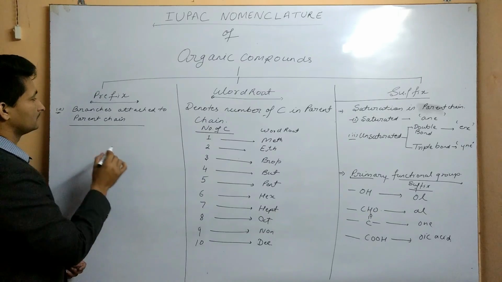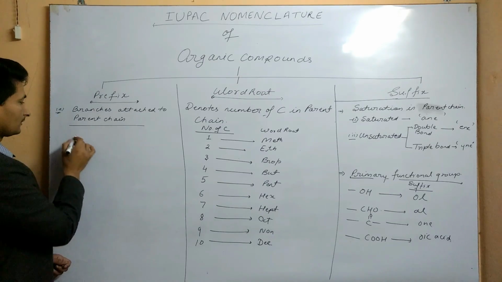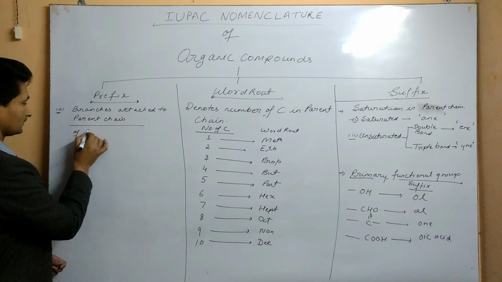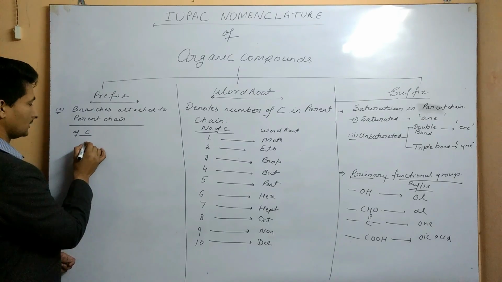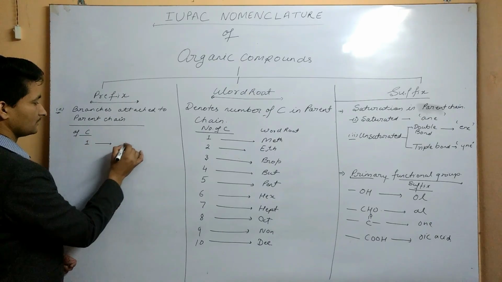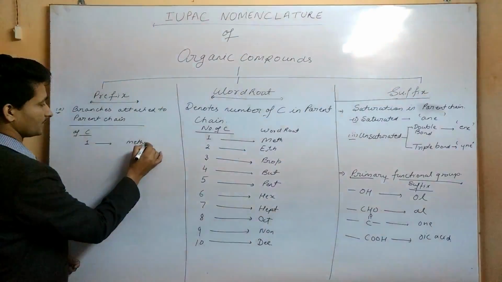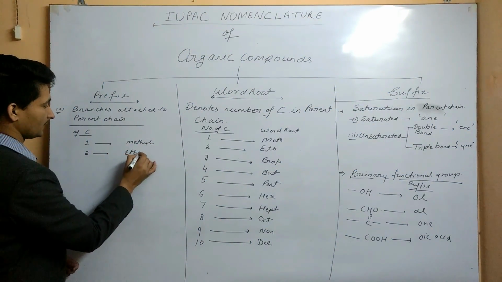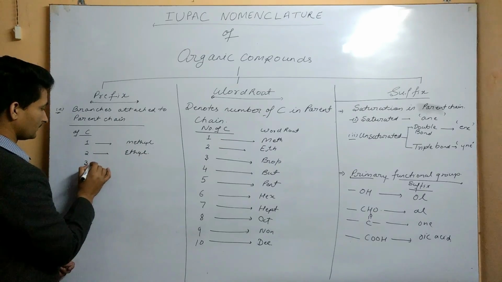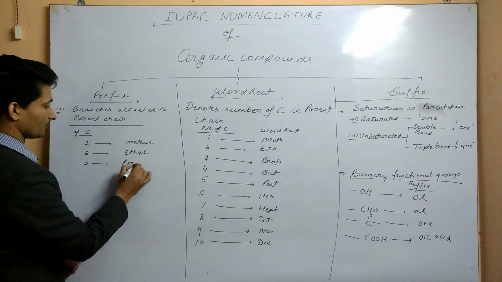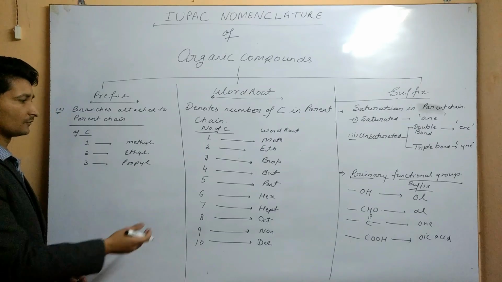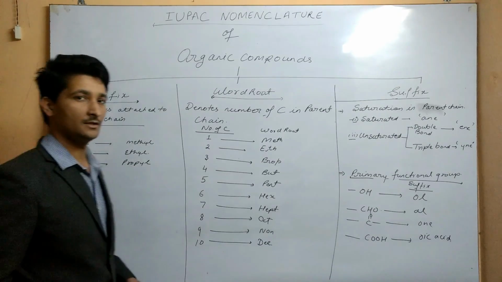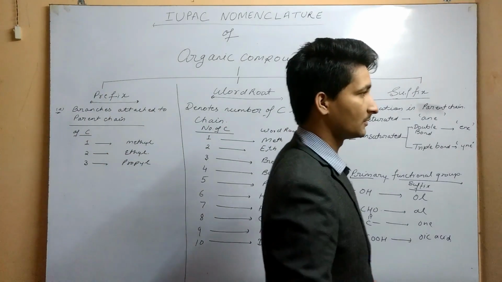If the branches are of carbon, for one carbon we add the prefix methyl. For two carbons we add the prefix ethyl. For 3 carbons we add the prefix propyl. And similarly for 4 carbons butyl, pentyl; we will see it when I discuss the various nomenclature.